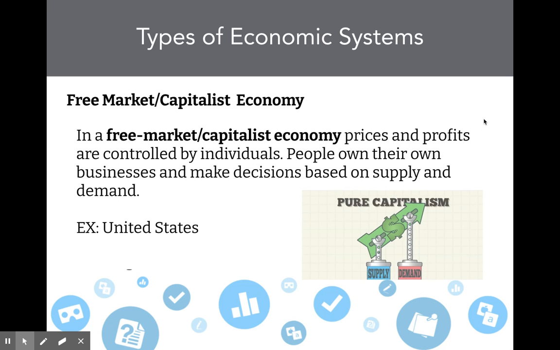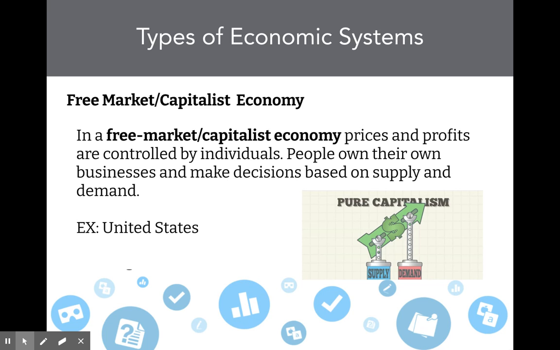In a free market economy, everything is controlled by the individuals. If you want to own your own business that makes cute little costumes for your kitty cats so they will be dressed appropriately whenever you bring them outside, you decide those basic economic questions.